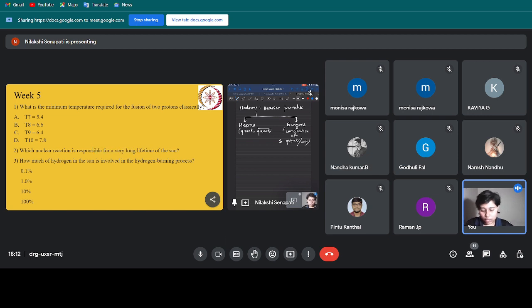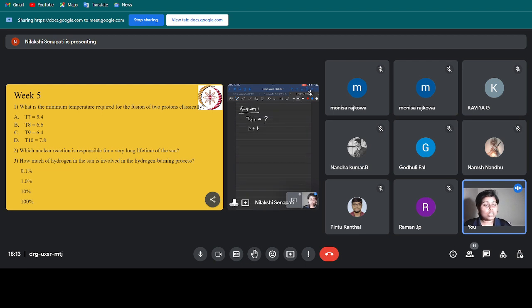Okay, so question 1 is asking: what is the minimum temperature required for the fusion of two protons classically? I am not writing the question again because it is already shown in the slide. You need to calculate T min for the fusion of two protons classically.